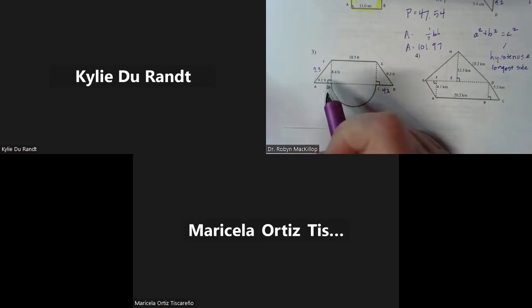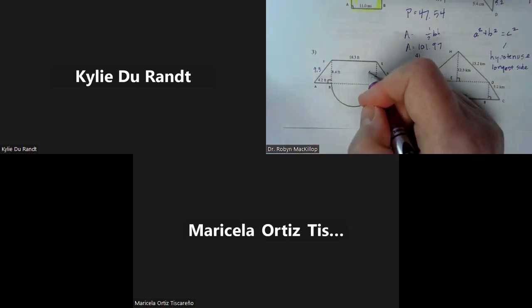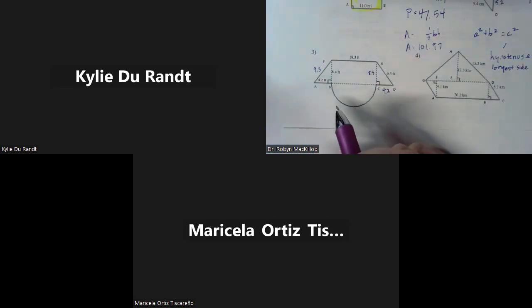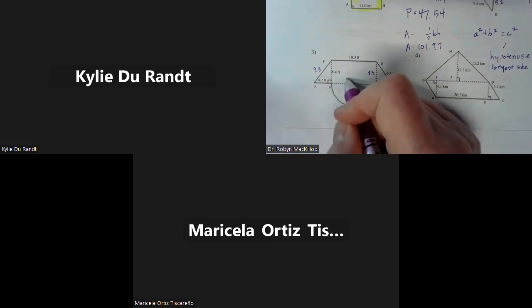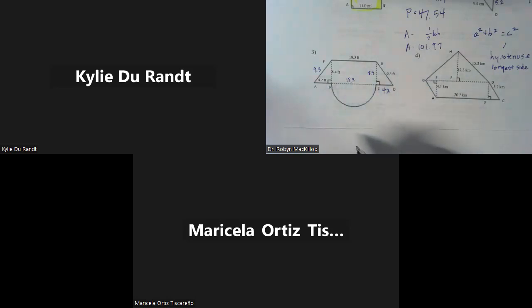Here's the third side, 8.4, which means this side is also 8.4. Now we have the measurement for our rectangle as well. Then this piece for the circle, we're going to deal with the circle now. This piece is going to be 18.3 because it mirrors that one. And that is our diameter for the circle.